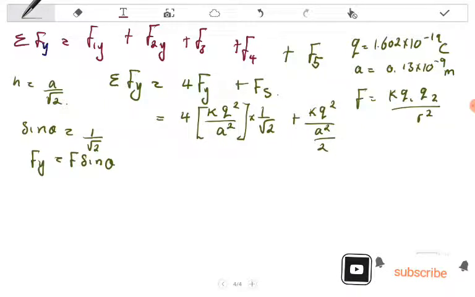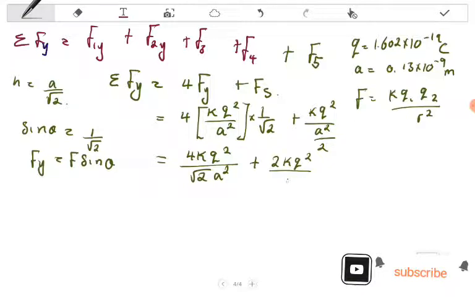And then let's write this in a proper manner. This is going to be 4kq squared divided by the square root of 2 a squared, and then plus 2kq squared divided by a squared.